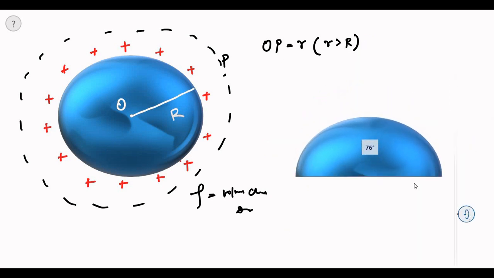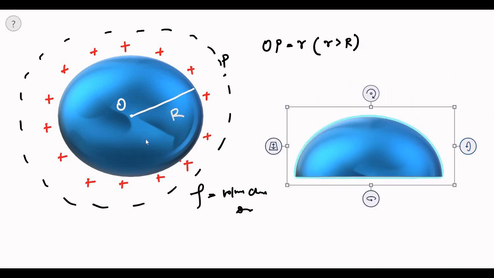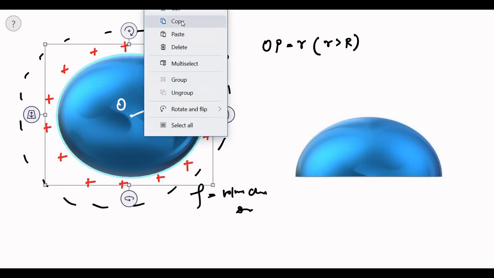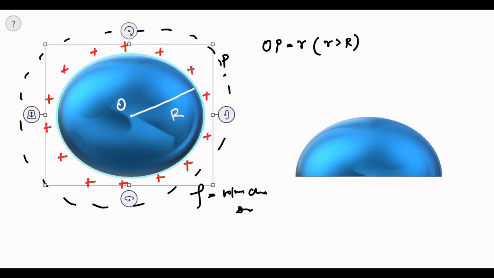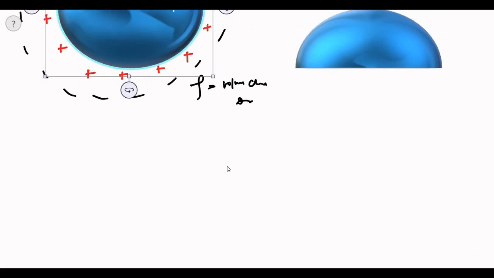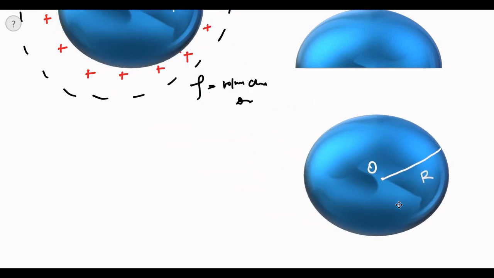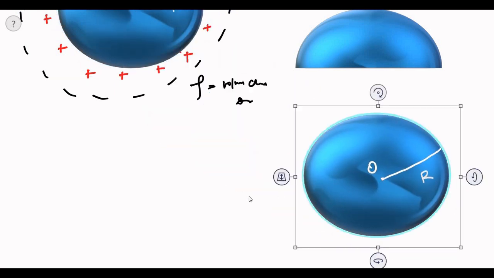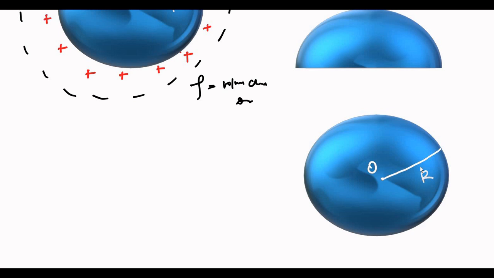In the second case, for the same situation, let's copy it here. Here we have to determine the electric field on the surface, just on the surface.